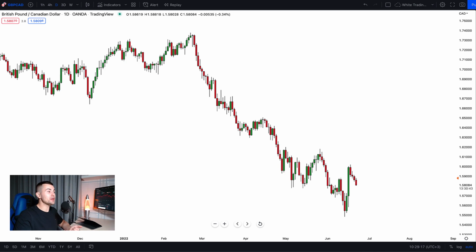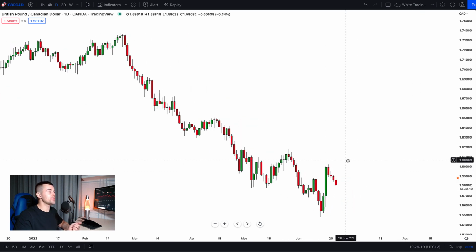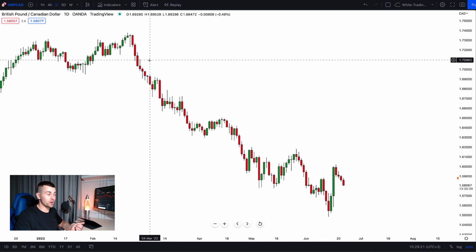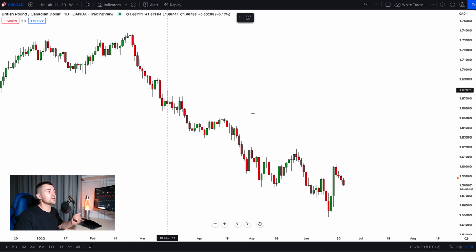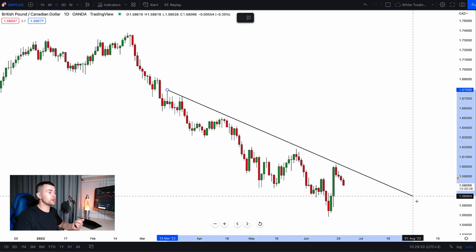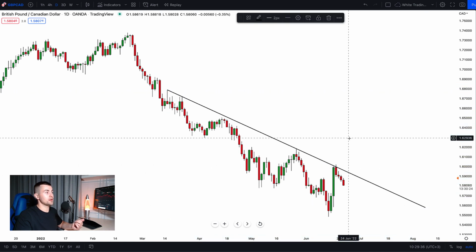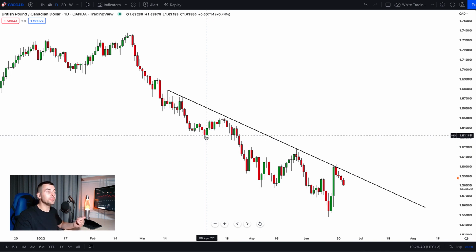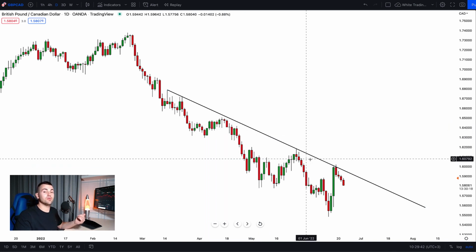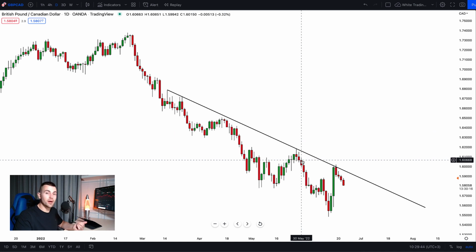So on the pound cat pair, I guess it is clear that the market is trading in a bearish trend, and for quite a long period of time, the market is falling. Now, analyzing price action, how the price acted in the past, we may spot right here a very nice trend line. You can see that after the price set new lows, it retraced to the trend line, and from that trend line in the past we see very strong bearish reactions.